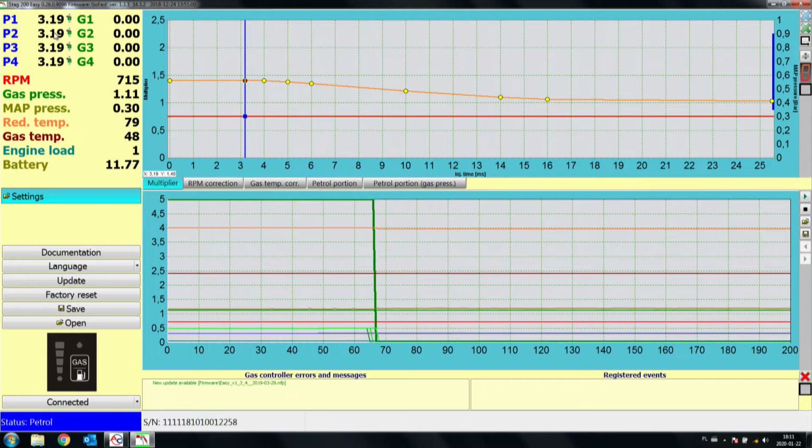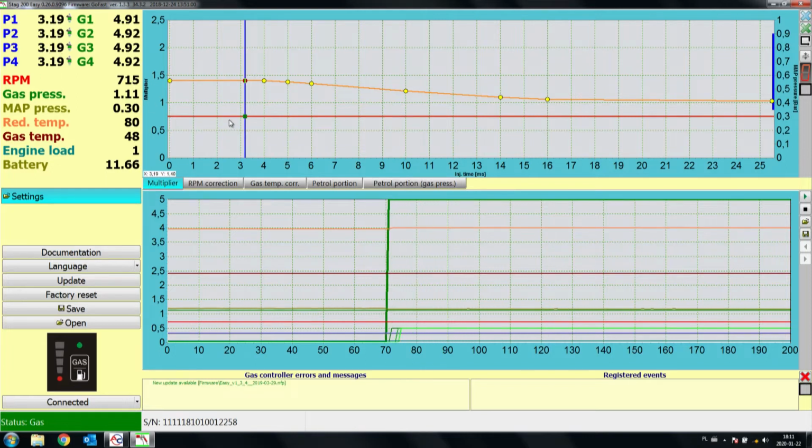Now we switch to gas, and we see that they are 100% the same. That means the gas dosage is correct on idle, and we can move on to the next step: take the car on the road and check, point by point, all types of engine load.